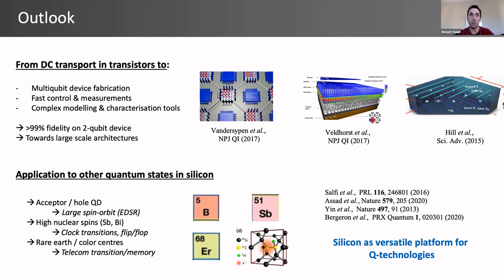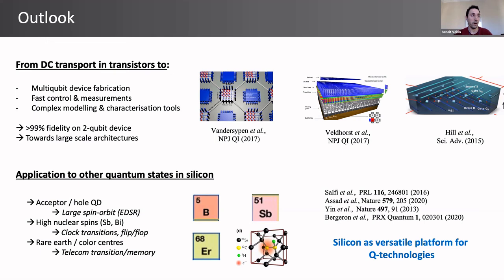And basically this feedback loop, I've been talking a lot about dopant-based devices and quantum dot devices, but it doesn't stop there. This feedback loop applies to all the quantum states in silicon that people are currently exploring. So I give 3 quick examples there. The first one is to use acceptor or hole quantum dots to benefit from a large spin-orbit interaction and be able to perform EDSR.